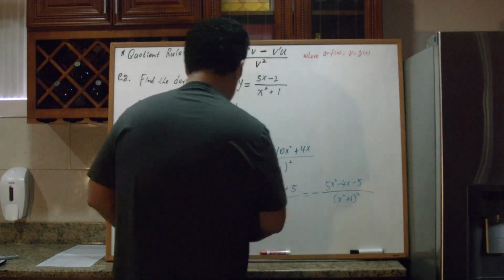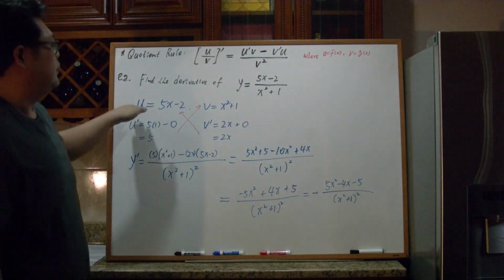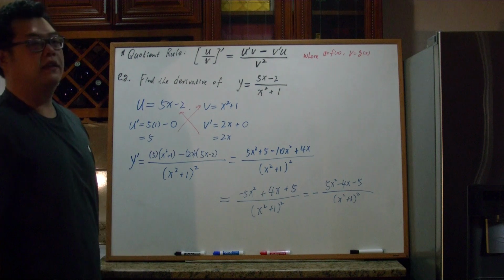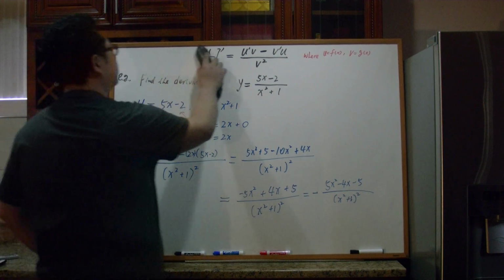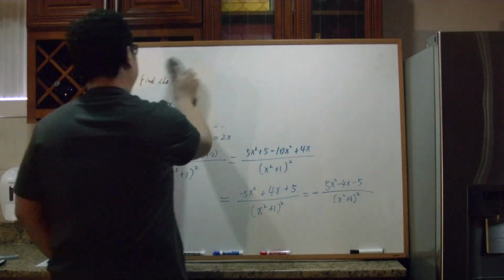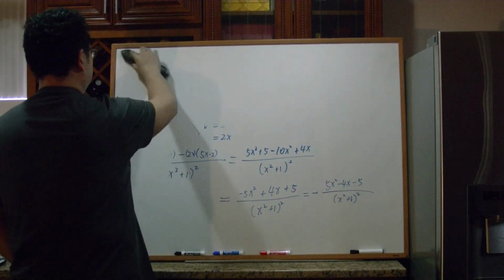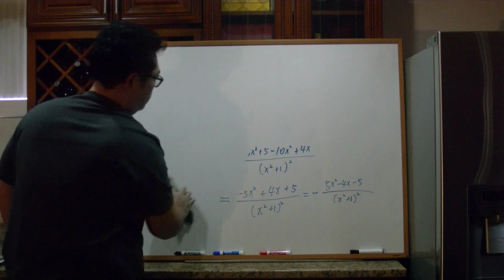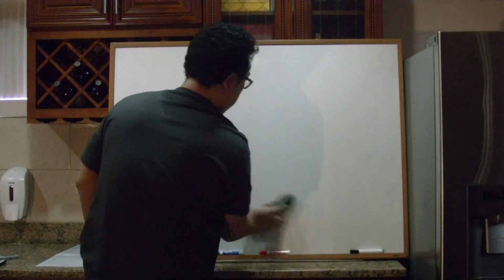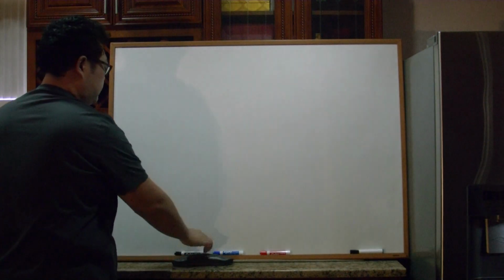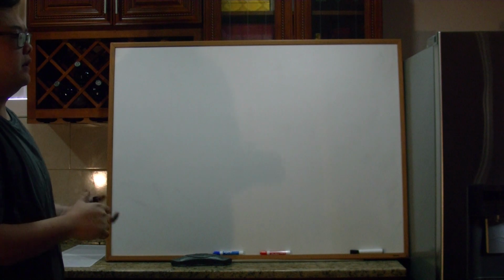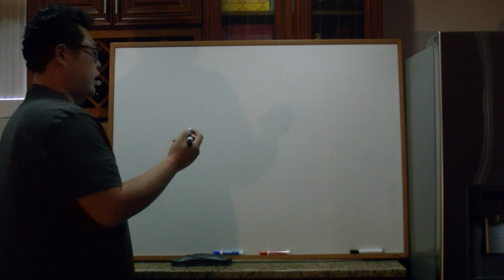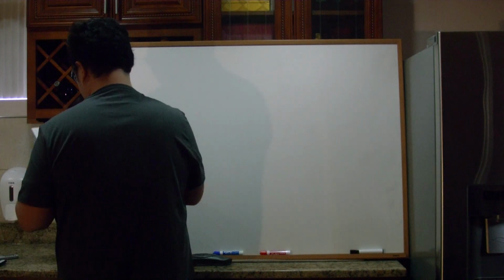So we have to let the numerator be u and the denominator be v to get the correct answer. It is still straightforward. Just apply the formula and you will see what to do.